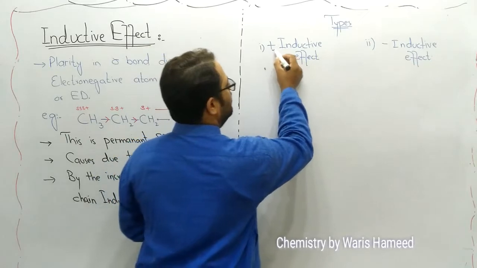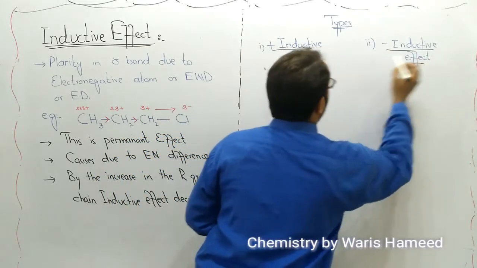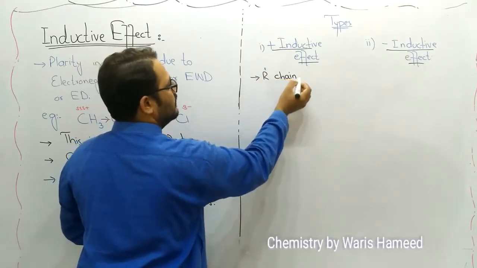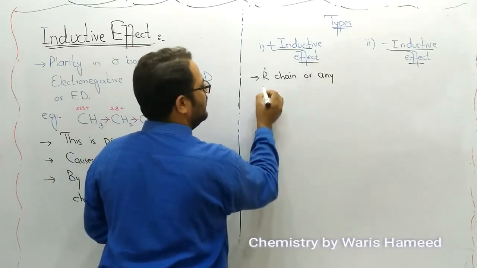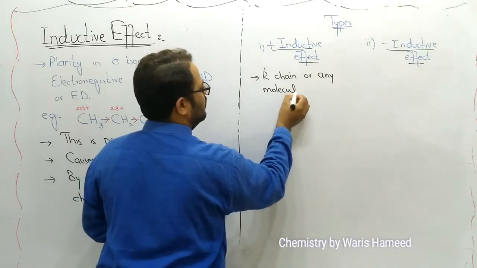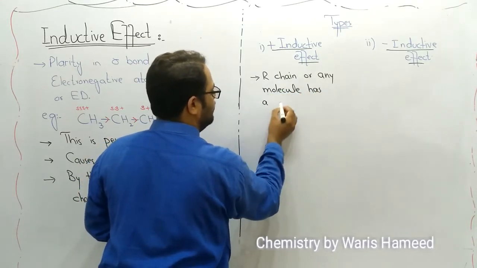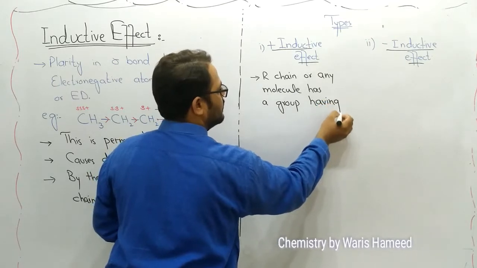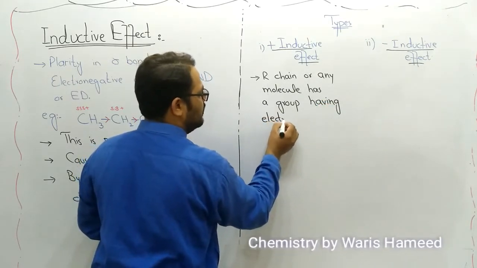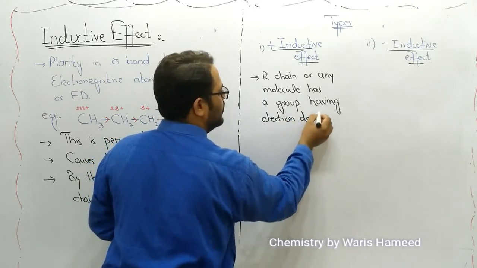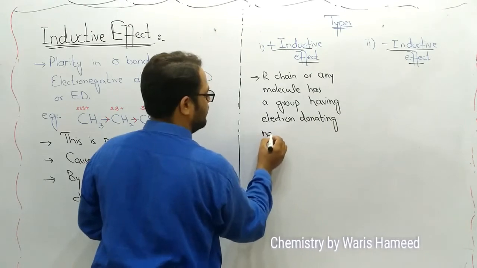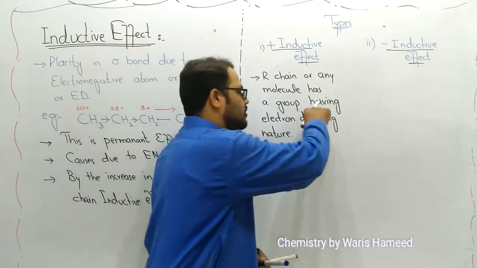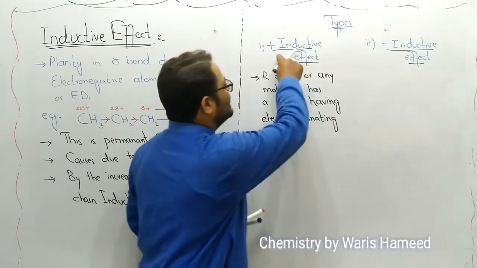If an alkyl chain or any molecule has a group of electron donating nature, then the inductive effect caused due to the electron donating nature of the group is called positive inductive effect.